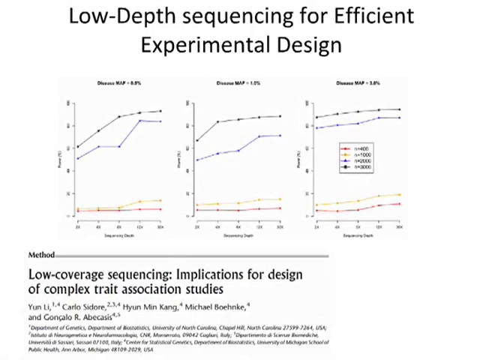So to introduce the project for the low-depth sequencing experimental design, I won't spend much time on this figure other than to reference a very nice paper from Goncalo Abecasis and Mike Boehnke and colleagues at Michigan, which simply illustrates the gain in power that can be achieved by doing very large numbers of samples at low sequencing depth in comparison to smaller numbers of samples at very high sequencing depth.